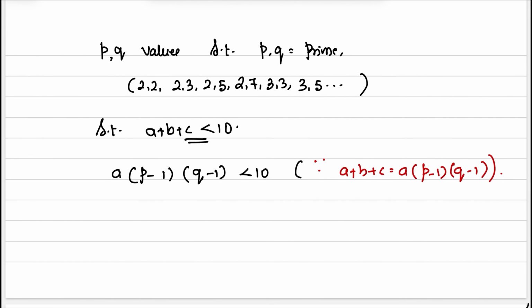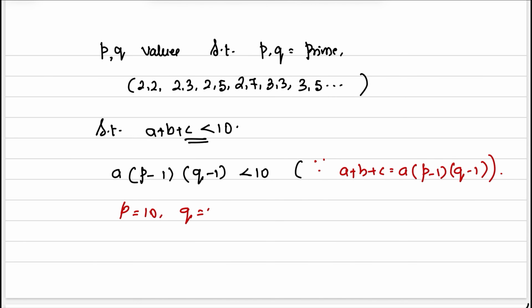We can take any pair and cross check. For example, I have taken P is equal to some 10, let us say.